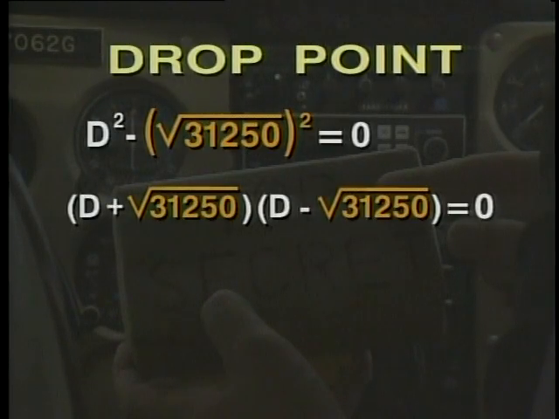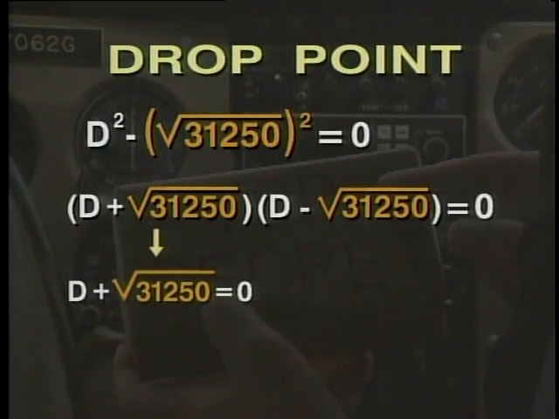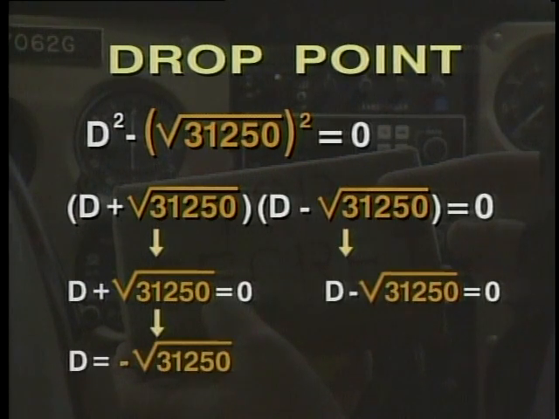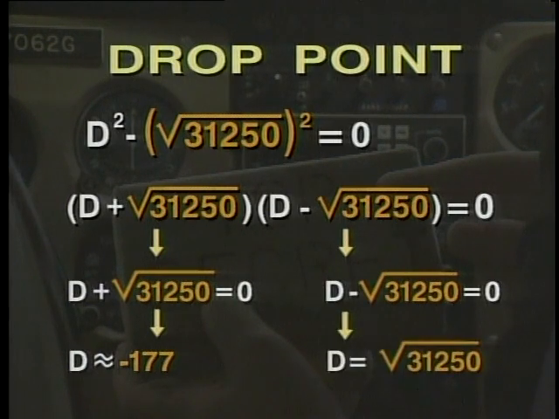Our equation equals 0 when either this factor equals 0 or this factor equals 0. I subtracted from both sides and got d equals negative the square root of 31,250, or about negative 177. And here I added to both sides and got d equals the square root of 31,250, or about 177.